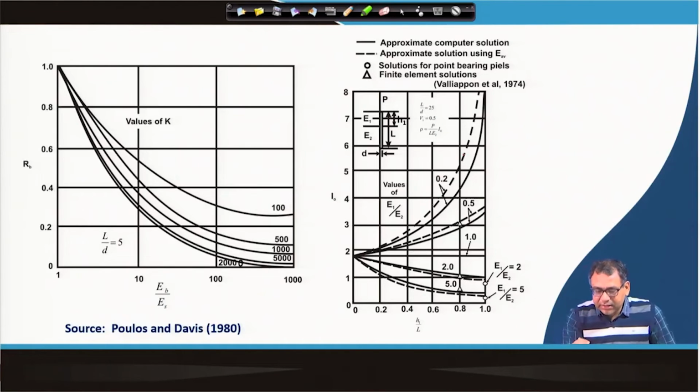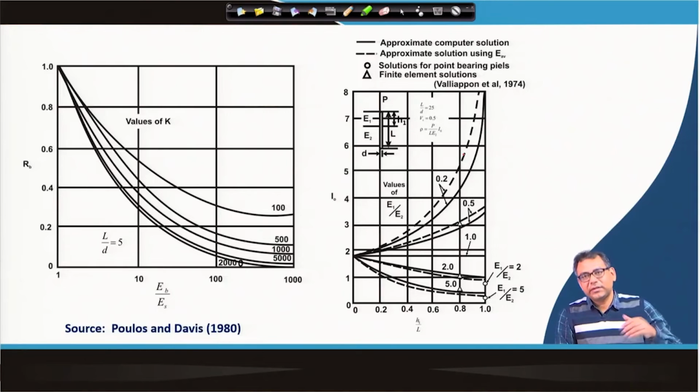The firm line is the approximate computed solution, and the dotted line is obtained if you take the weighted average E value and then follow the same process that we have done for uniform soil, because here it is layered soil and the previous cases are uniform soil. So, in layered soil also you can take the weighted average value and apply the concept of uniform soil.